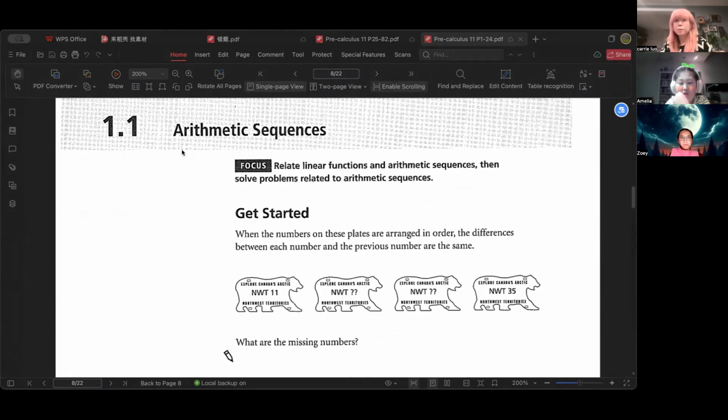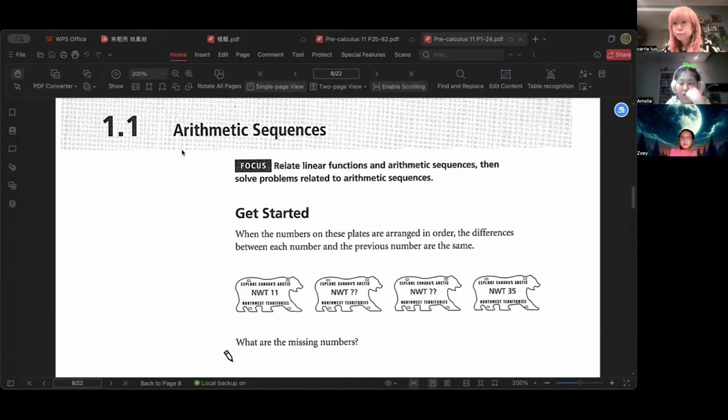Yes, a sequence of numbers, but what does arithmetic mean? Having to do with numbers. Yeah, so you said you remember what an arithmetic sequence is, but you don't remember, right? Okay, so Zoe, what is an arithmetic sequence?